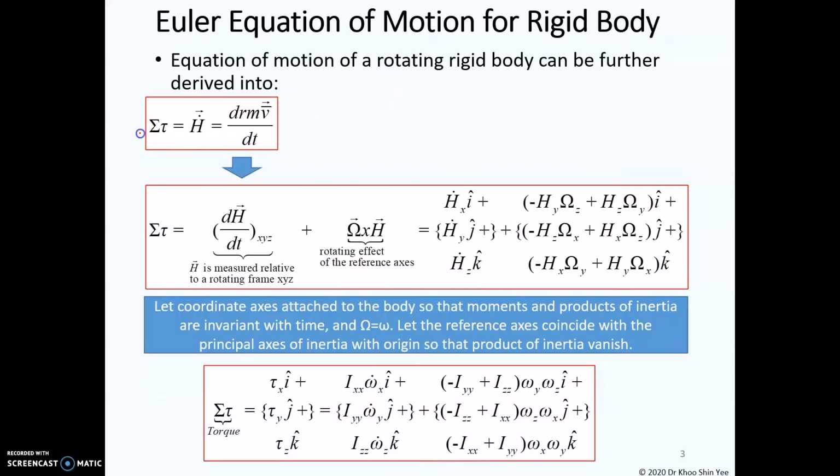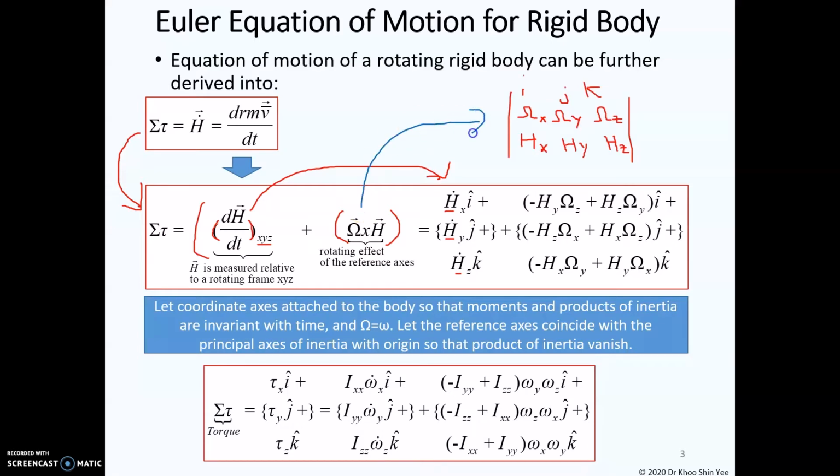This equation of motion can be further derived into the change of the angular momentum with respect to time that is observed or measured from the non-inertial frame plus the rotating effect. So when we expand this, we obtain the change of the angular momentum with respect to the x, y, z components.